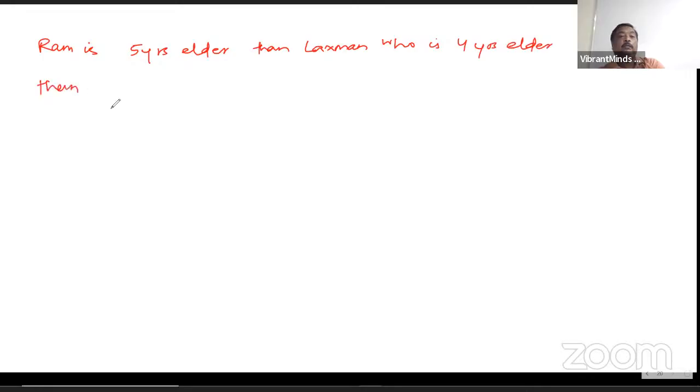And the question says, Ram is 5 years elder than Lakshman, who is 4 years elder than Bharat.